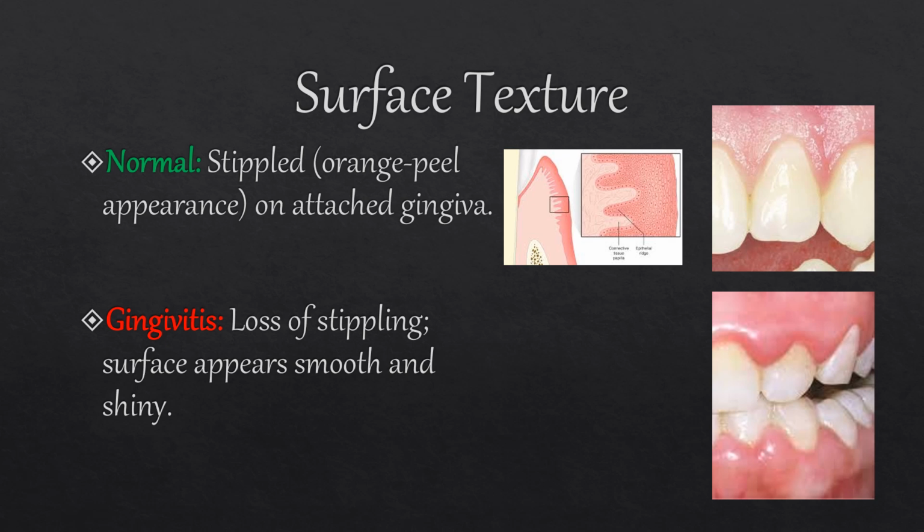Surface texture. Normal gingiva is stippled, that is it appears like an orange peel as we see in the picture above here, and the reason for stippling to appear is because of the longer rete ridges which are present.